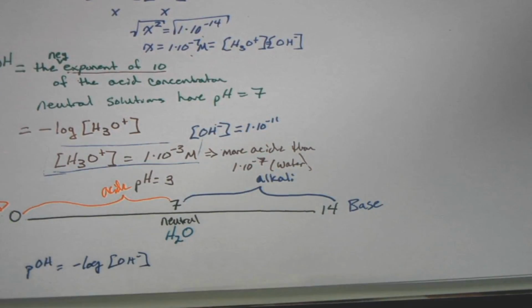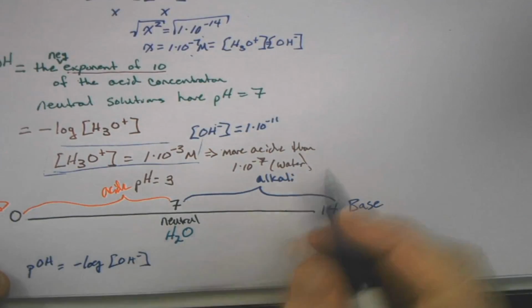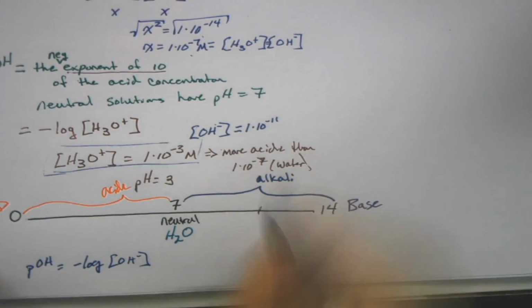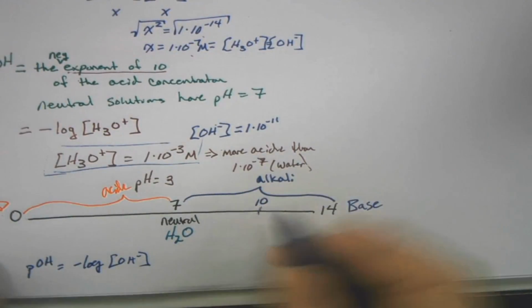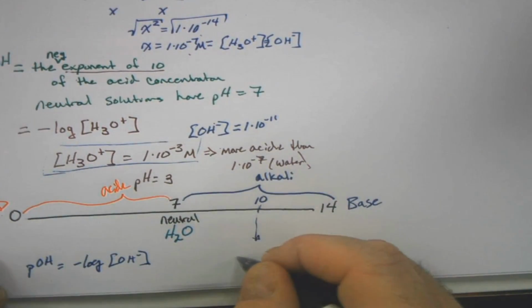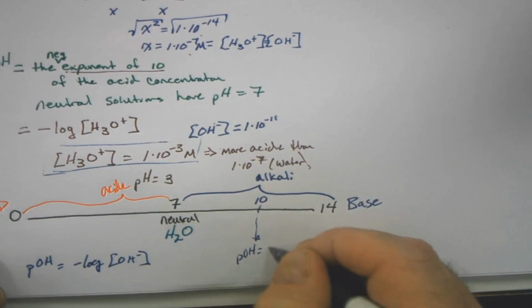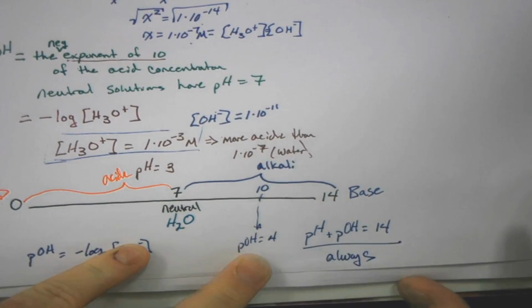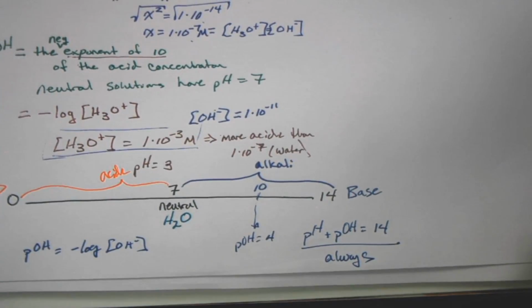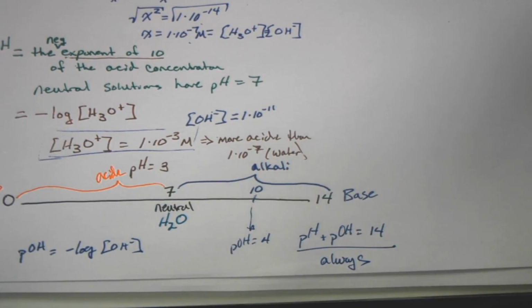It's just the rest of 14. So let's say we have a pH over here of 10. This would result in a pOH equal to 4, and these two are always going to add up to 14. Always. The pH and the pOH of a solution will always add up to 14.